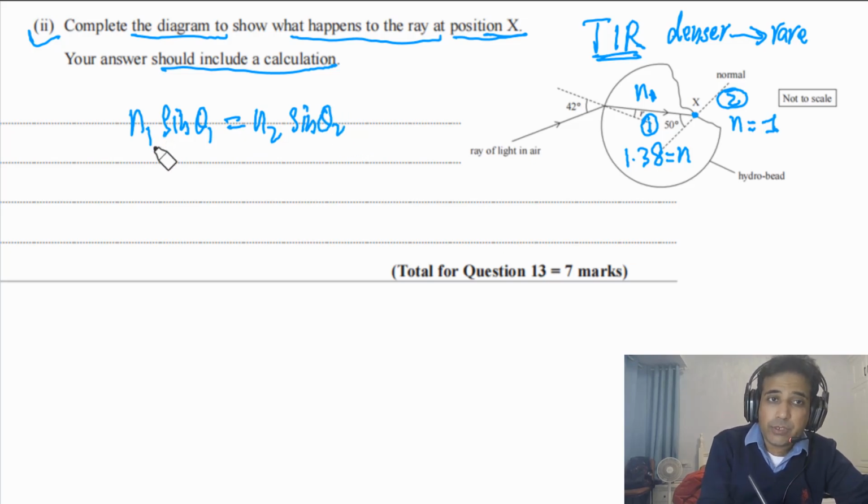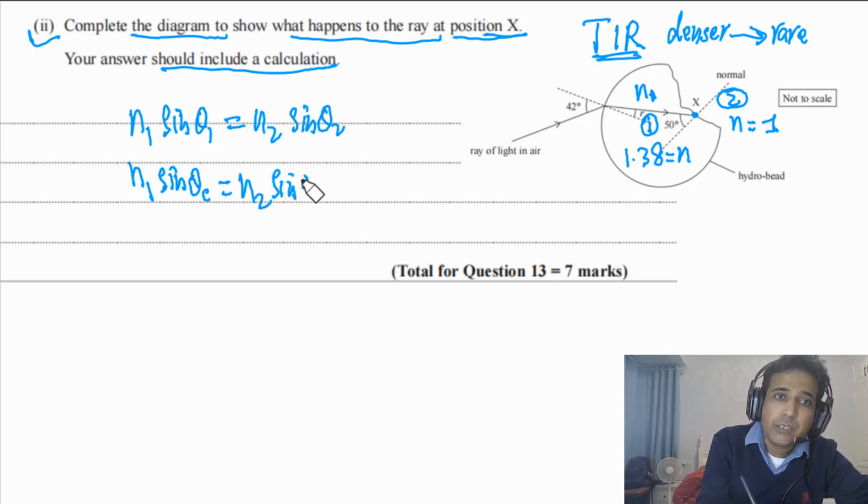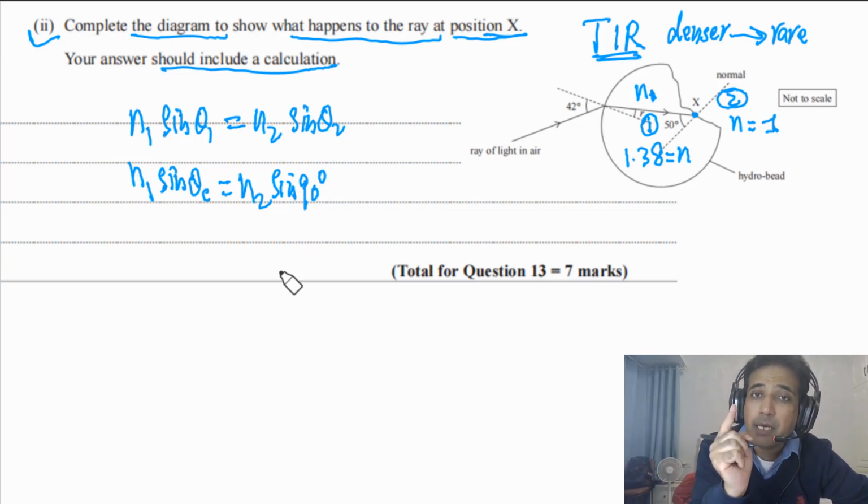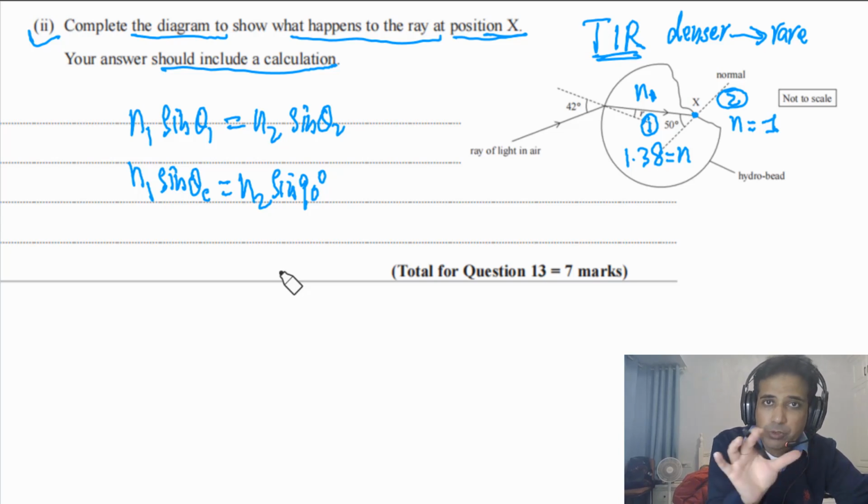In order to calculate the value of the critical angle, let me rewrite this: n1 sine theta c, the critical angle. This angle has to be 90 degrees, so this is sine of 90 degrees. So at the critical angle, the angle of refraction is 90 degrees. These points we can write down.